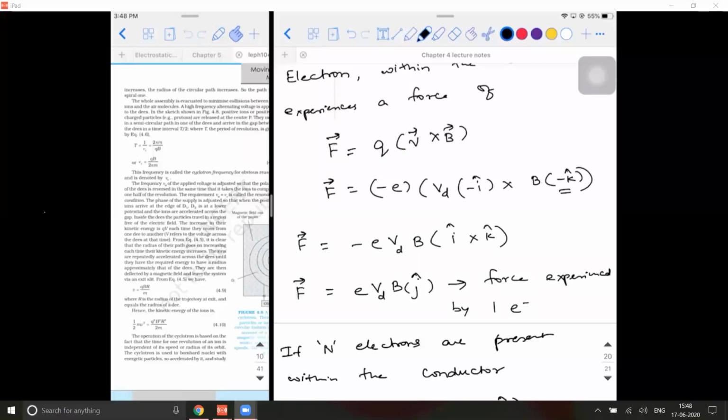Is this the page from where you want to copy, or should I scroll it down? This is the page, sir. Okay.